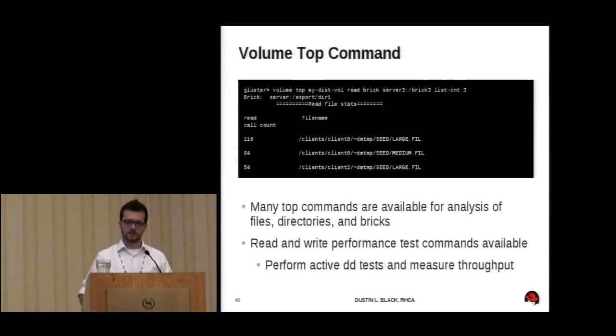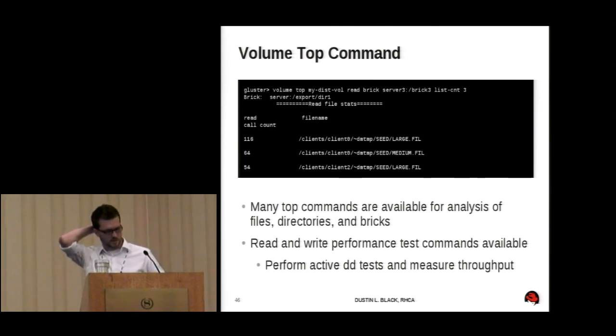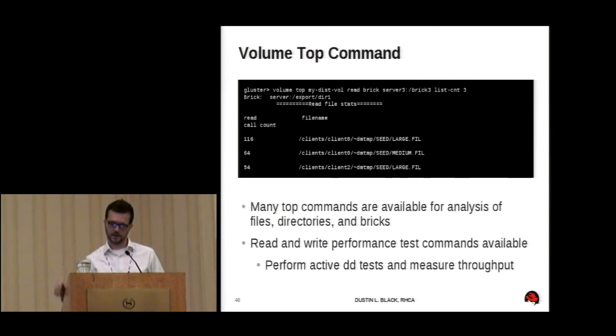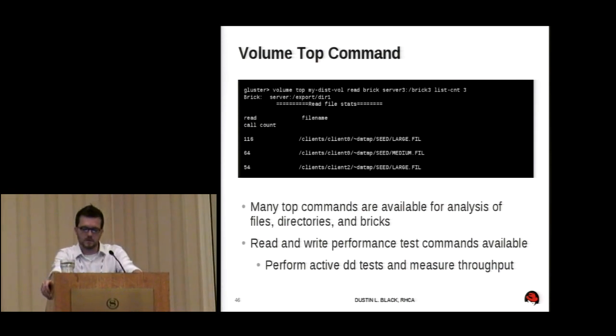So digging into the performance of your volumes, there are a couple of tools that you can use to get some insight. The first one is a volume top command. This gives you a lot of cool output here. There are a lot of different options you can pass to this command as well to get different kinds of detail.